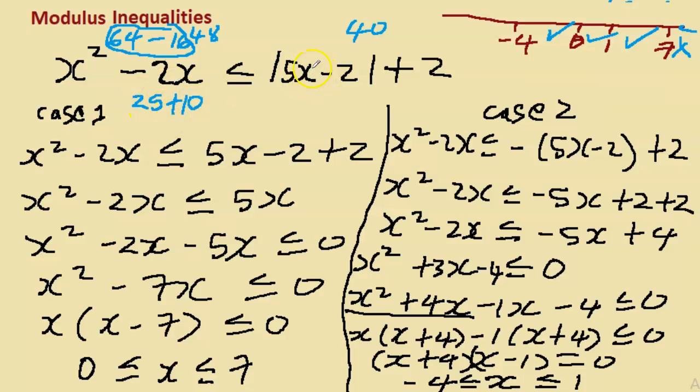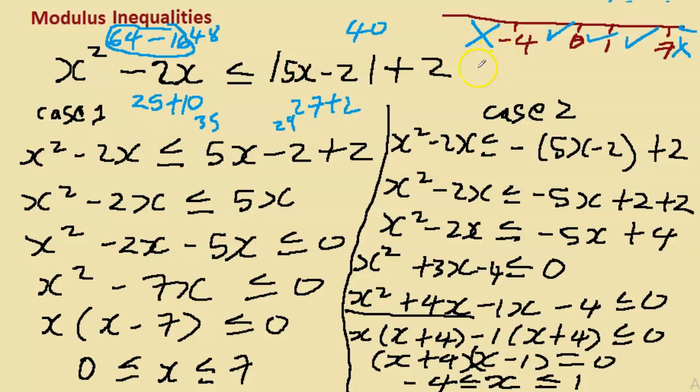Let's plug negative 5 here. 5 times negative 5, that's negative 25. Take away 2, that's negative 27. The absolute value is 27. And then you have your plus 2. So this side is 29. Is 35 less than 29? No. So we will rule out this interval.